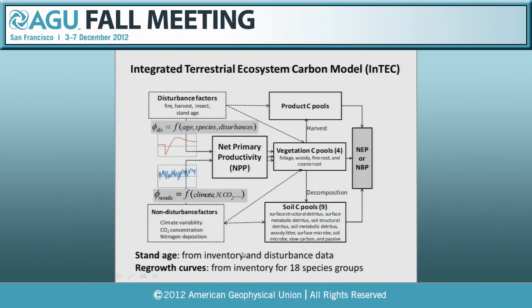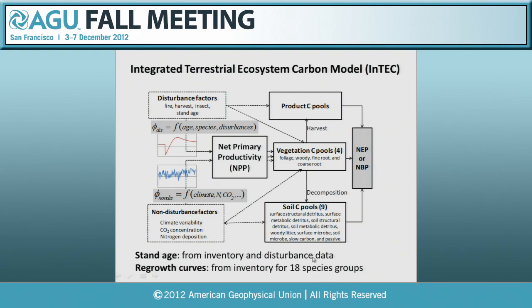We also have soil and litter pools and consider some product pools, and the most important is the vegetation carbon pool. All combined together, we can model net ecosystem productivity or net biome productivity, depending on the data variability. And the stand age is from the stand age map I showed.